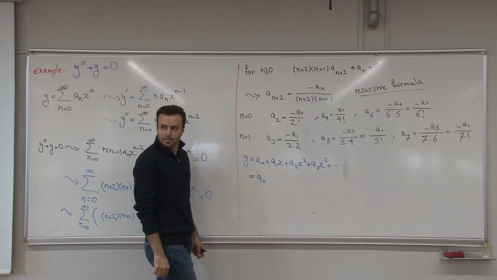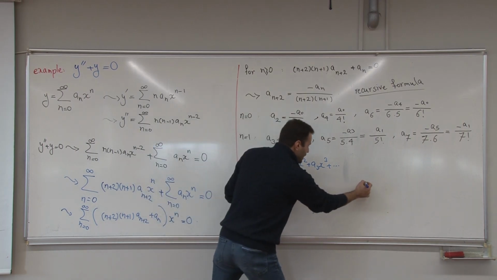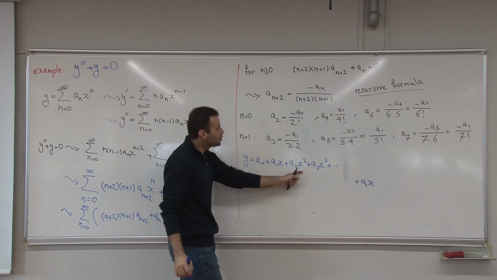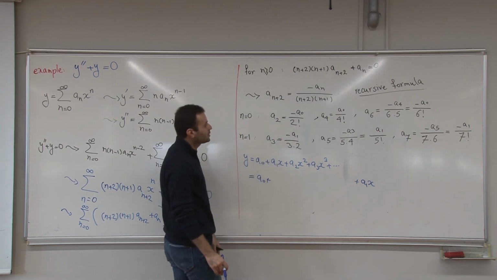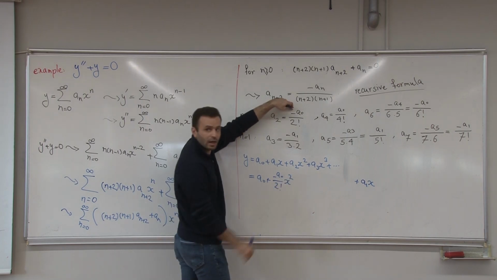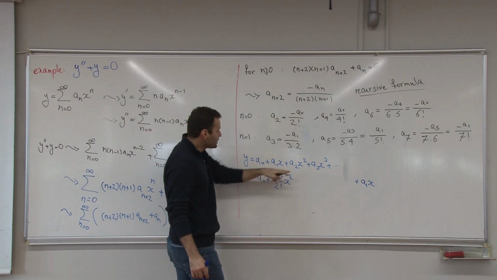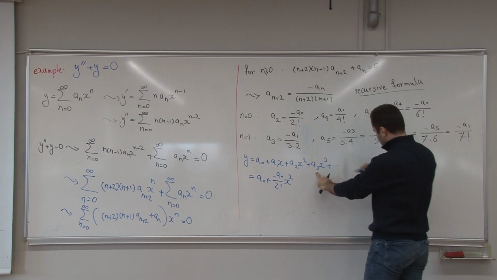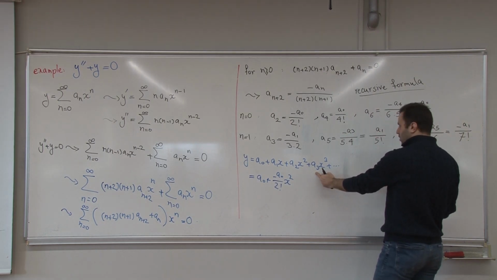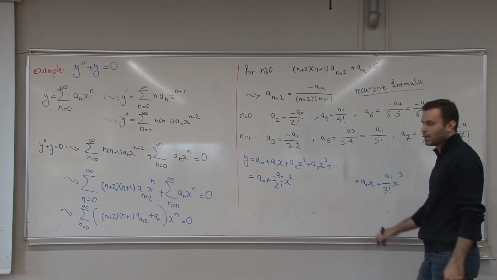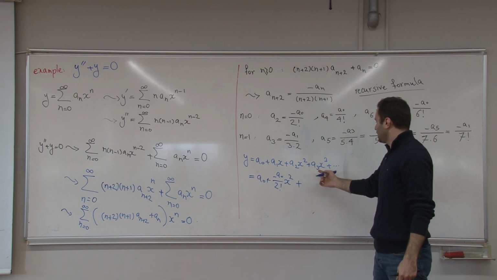a0, I keep it. I have a1x, let me write a1x here. I have a2x^2. Instead of a2, what am I going to write? Minus a0 divided by 2 factorial, x to the power of 2. Plus a3x^3. What is a3? Minus a1 over 3 factorial, x to the power of 3. I have x^4, right?